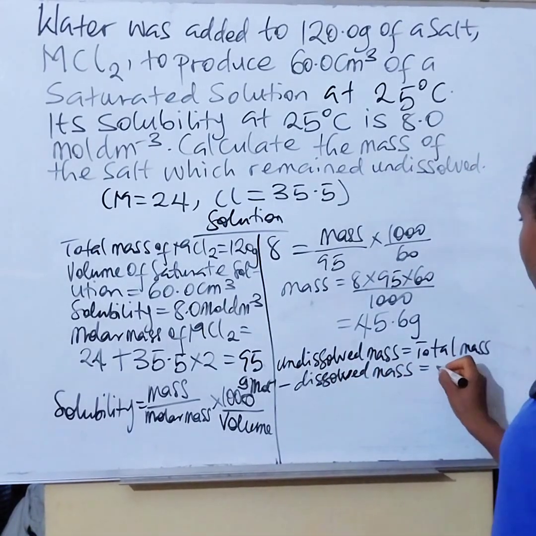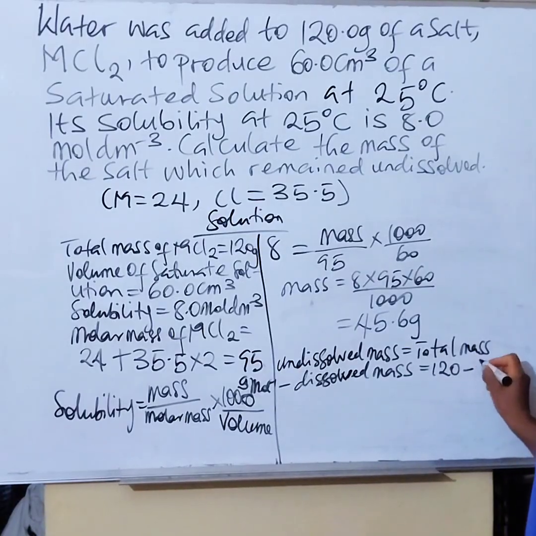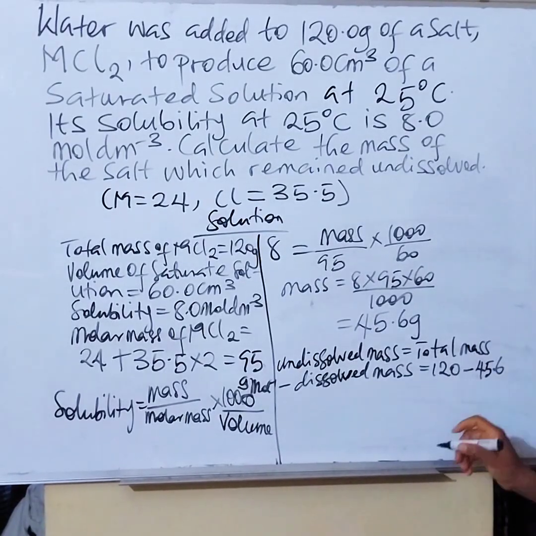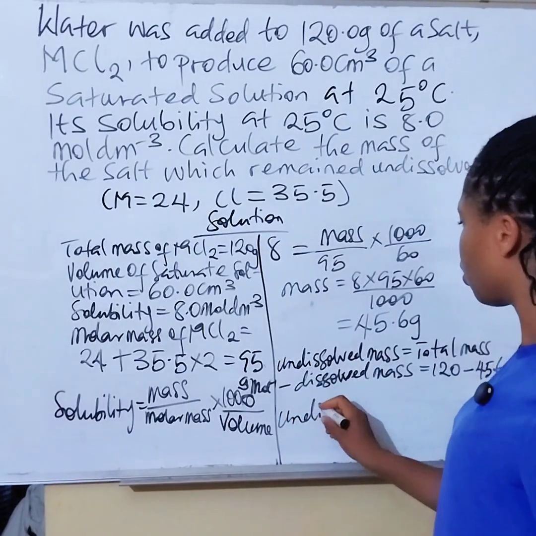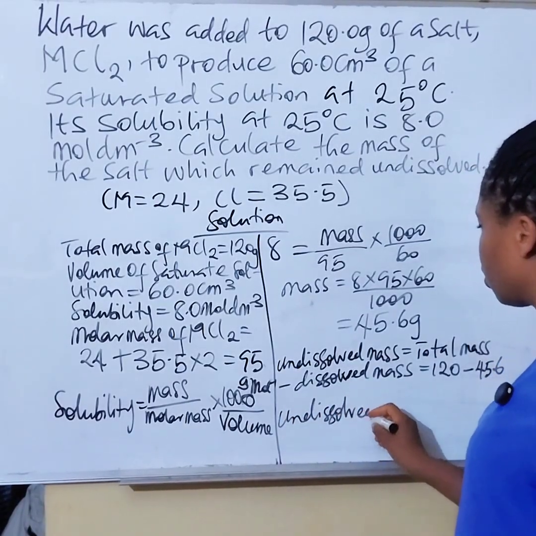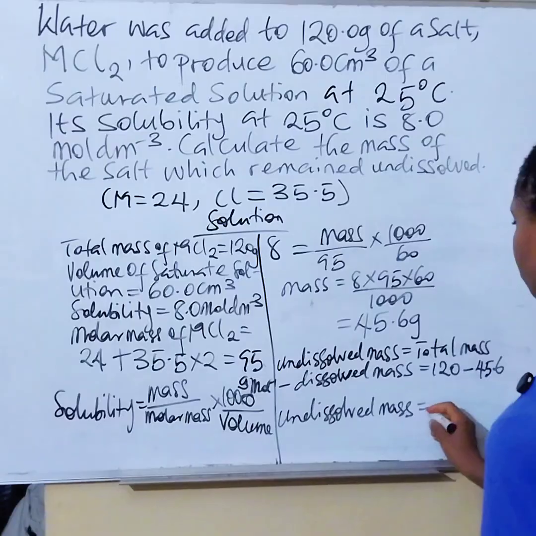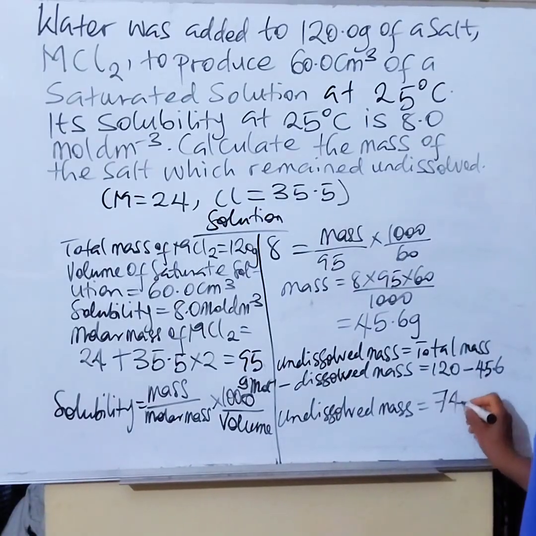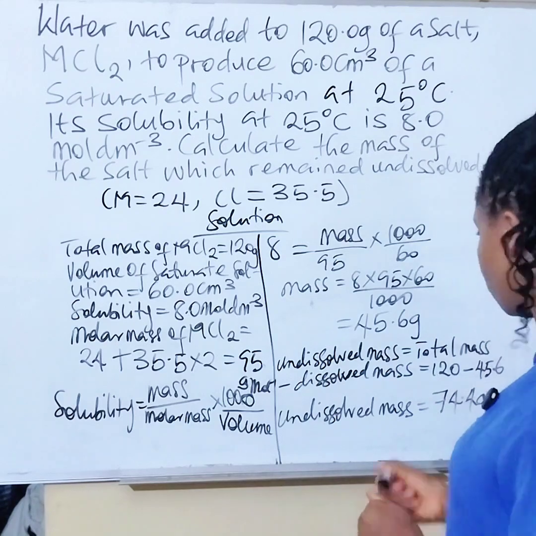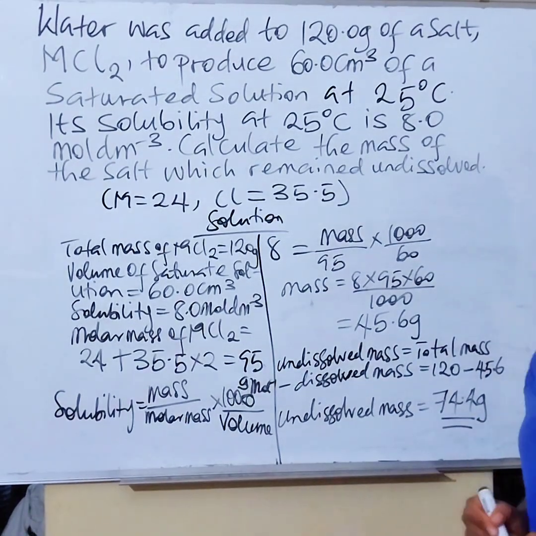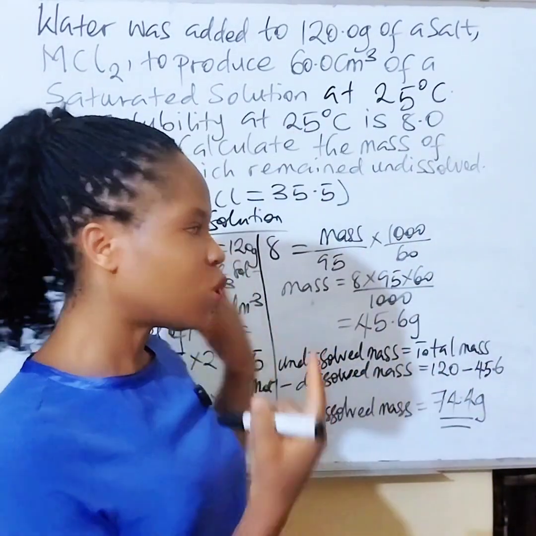That would be 120 minus 45.6, which gives us an undissolved mass of 74.4 gram. So the mass that remained undissolved is 74.4 gram. I believe you understood what we solved, right?